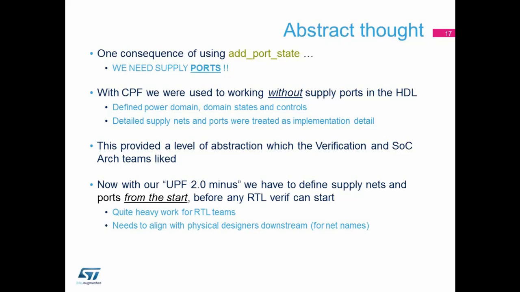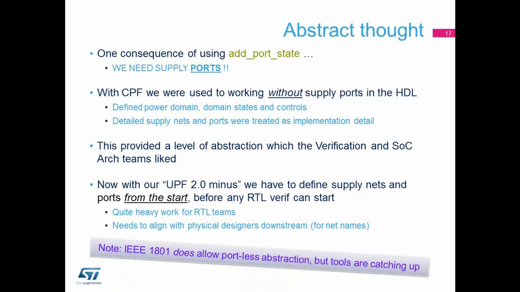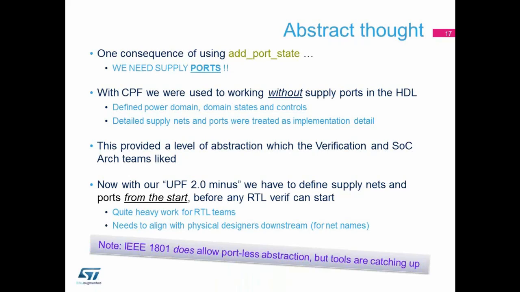And there is a little gotcha here because we need some collaboration with our physical designers to make sure they're happy with the names that we're calling these nets. It's not going to cause a problem. I think John's explained this well in the previous presentation. The 1801 standard does allow you to have an abstract way of working. He's talking about the refinement flow. We're well aware of that flow. But this is really just a problem with the tools catching up at the moment.